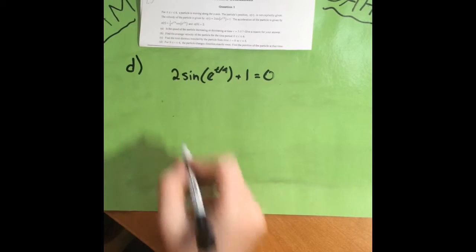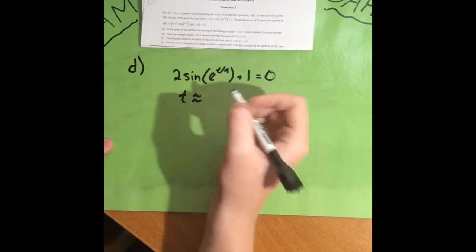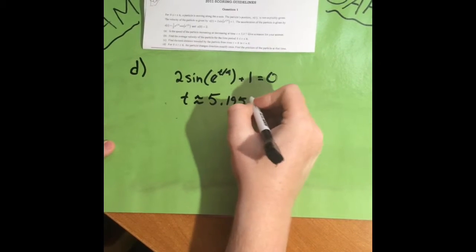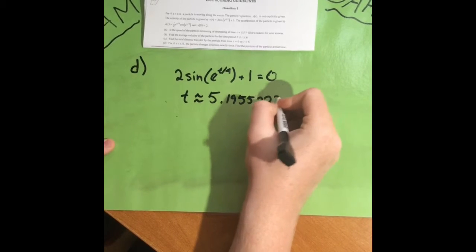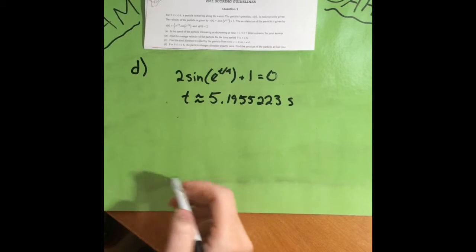And solve for t. Doing that, with algebra in your calculator, you should be able to get t is equal to approximately 5.1955223 seconds. Now, we need the position at that time.